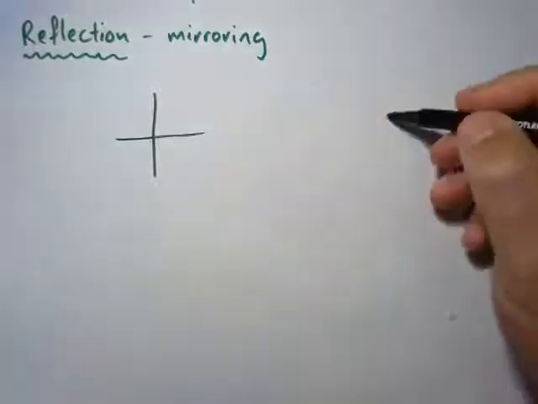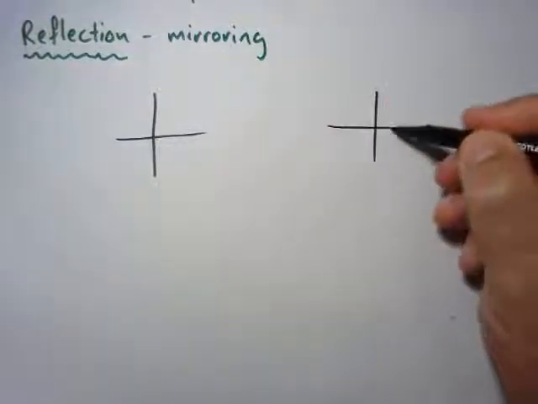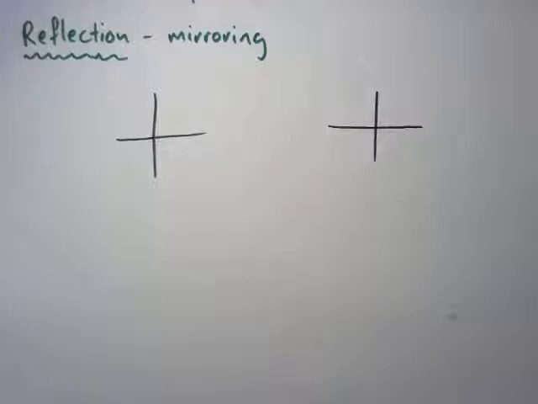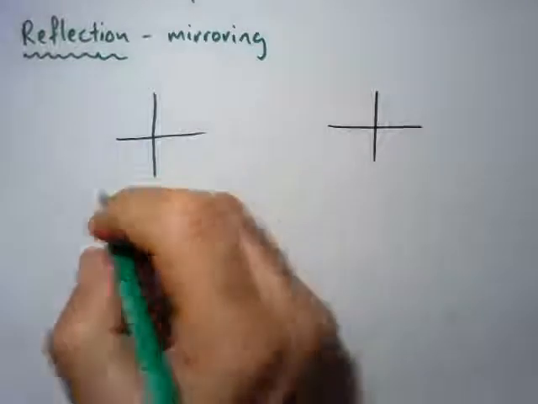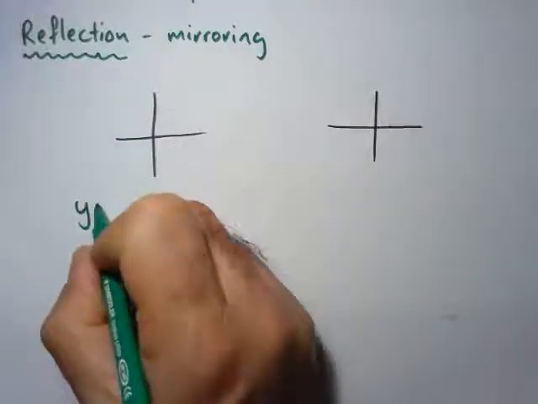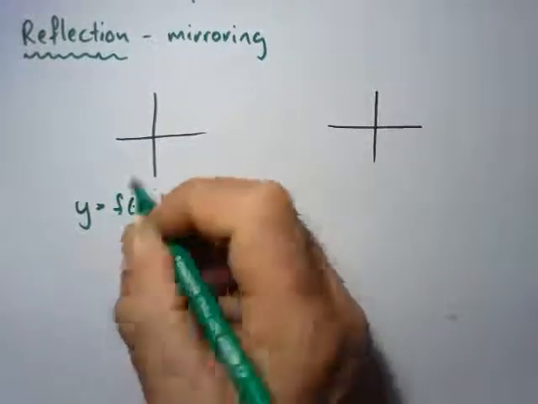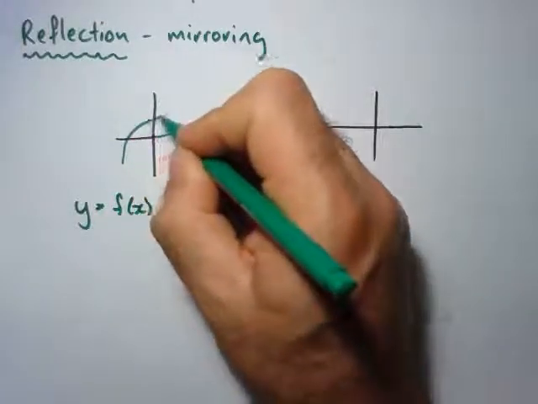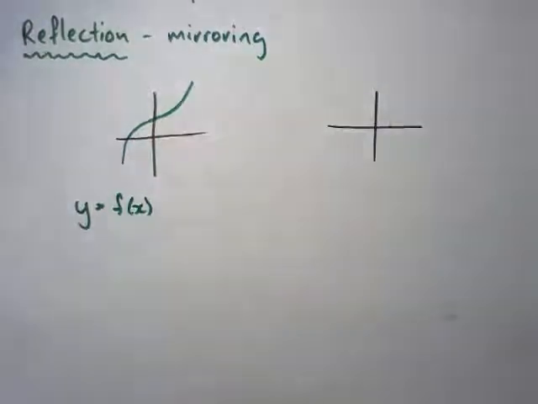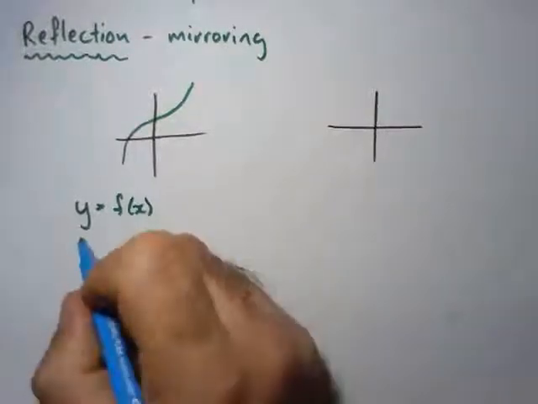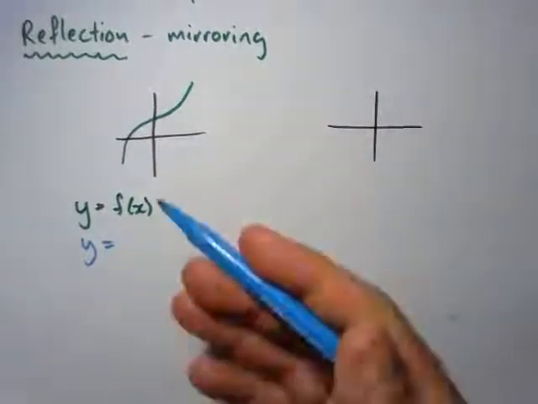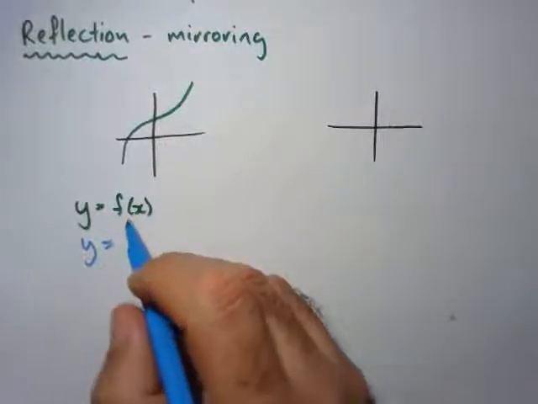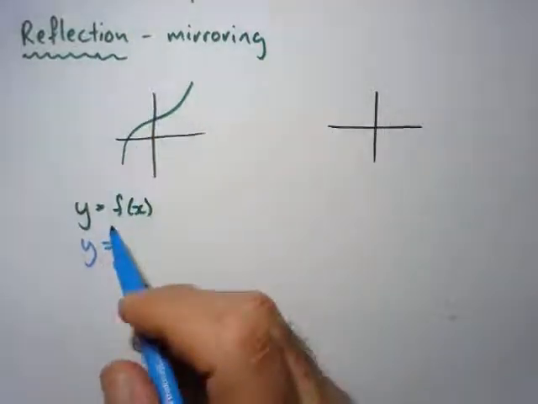I'm going to start off again with y equals f(x), and if I have y equals f(x) there, if I mirror that, let's do the y-axis first.